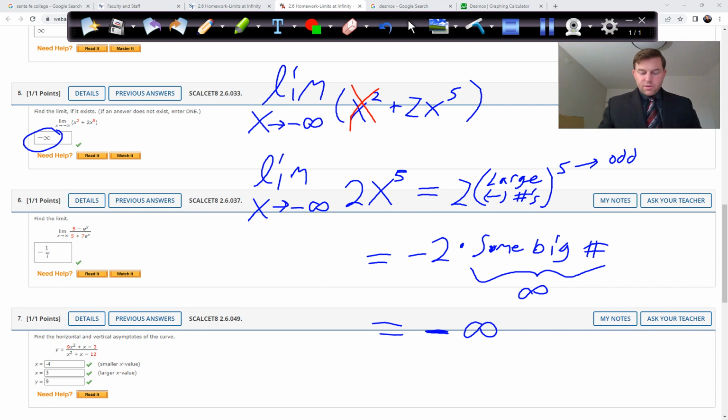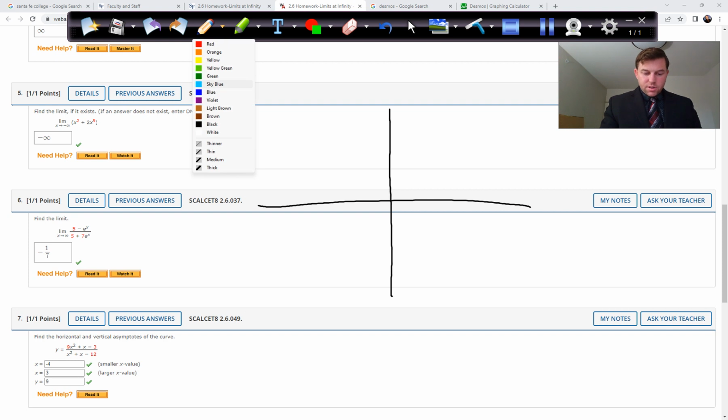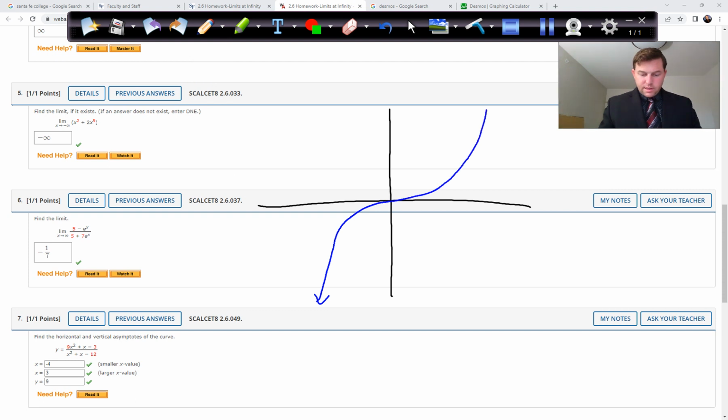Okay, and actually let me show you a little more for that. So let's say I just want to think about 2 times x to the 5th. All odd powers look like this. They go down, they go through the origin, and then they go up. So as x gets bigger, this goes to positive infinity.